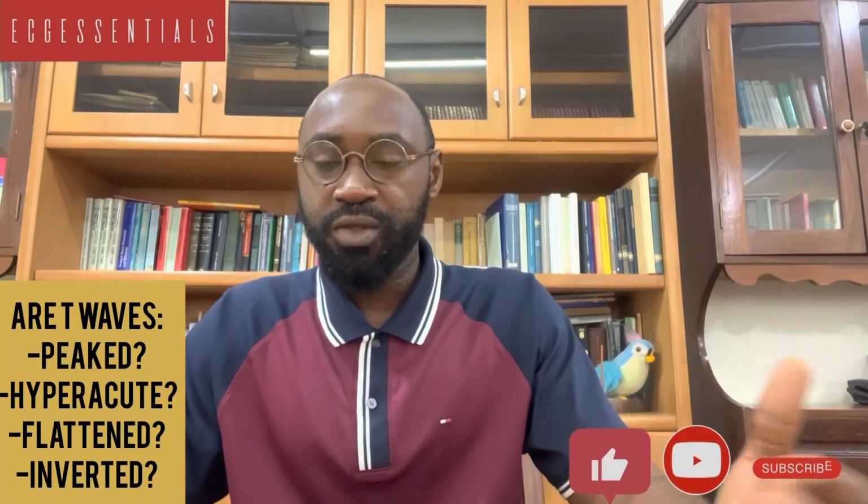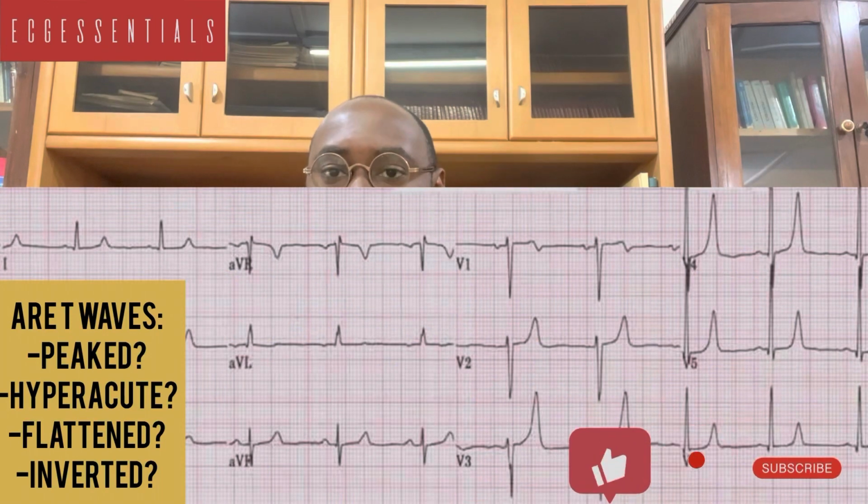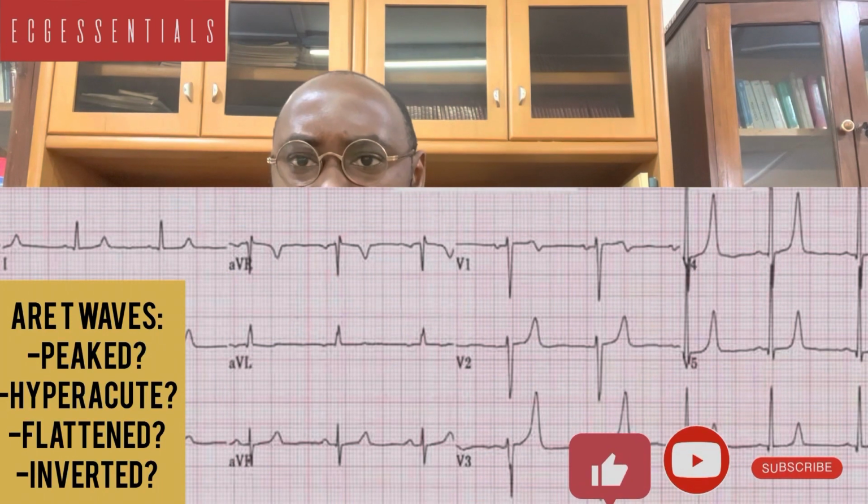Some of the common abnormalities that we should be looking out for with respect to the T wave will include whether the T waves are peaked. So these peaked T waves look like tall, narrow, symmetrical T waves.